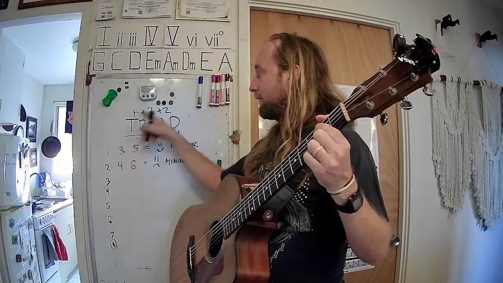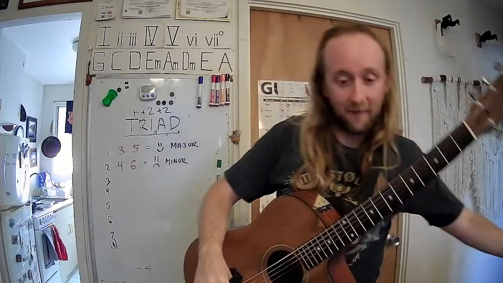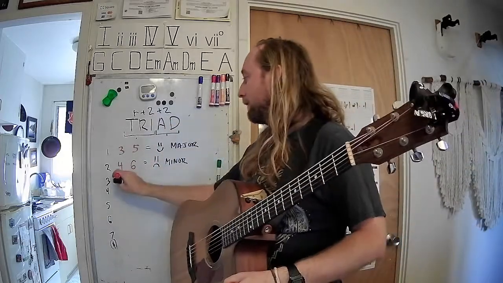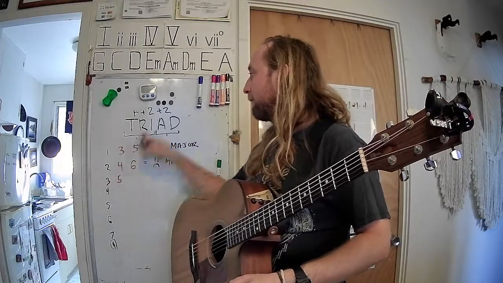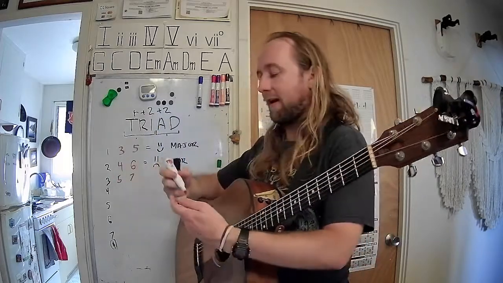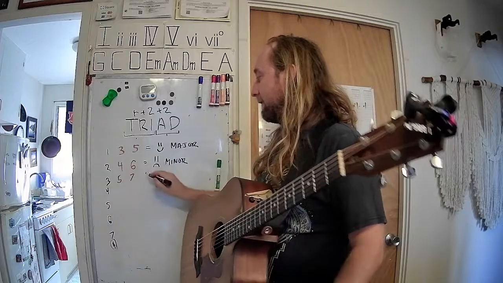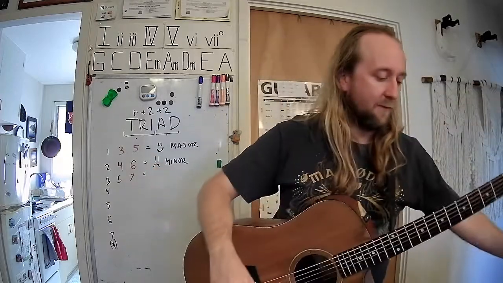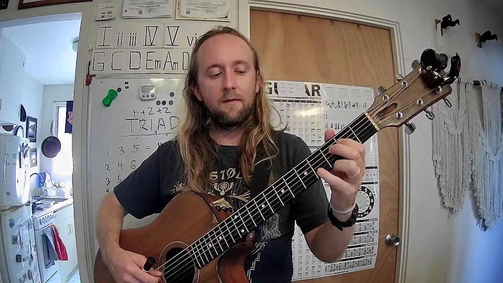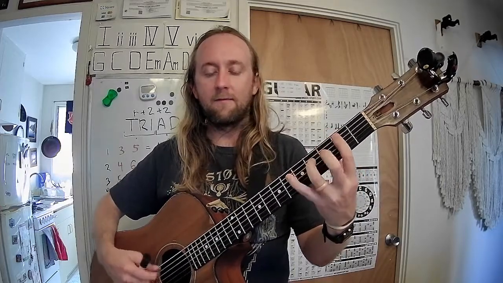So 3 plus 2 equals 5, and 5 plus 2 equals 7. So now we're looking at 3, 5, and 7.